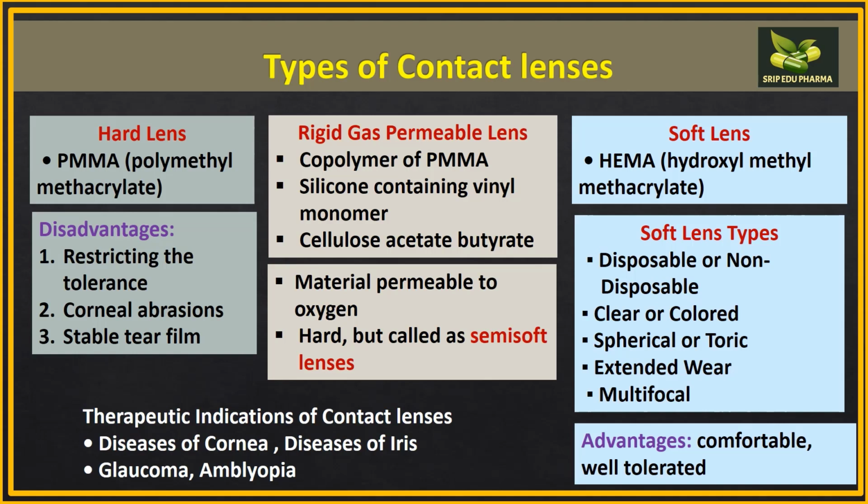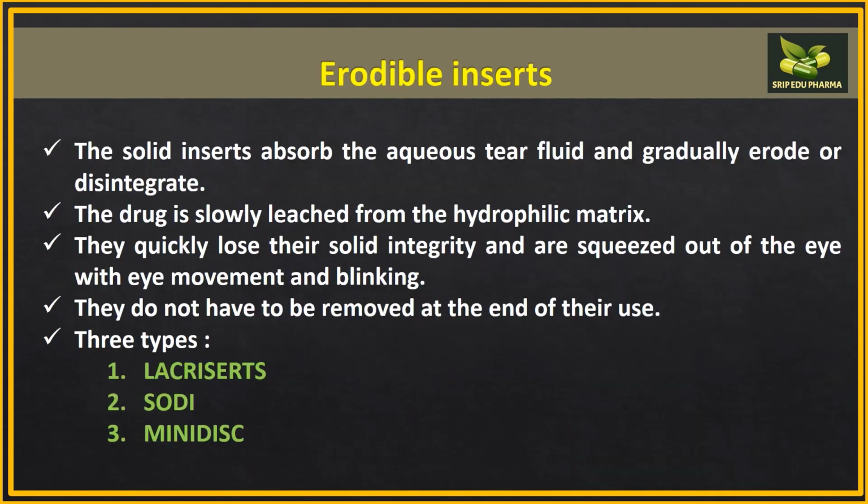And the important advantage is that they are comfortable and well tolerated. So generally hard lenses are less used, but soft and semi-soft are more used. And when we see the therapeutic applications, then they are used for diseases of cornea, diseases of iris, then for glaucoma and amblyopia. Next type are erodible inserts.